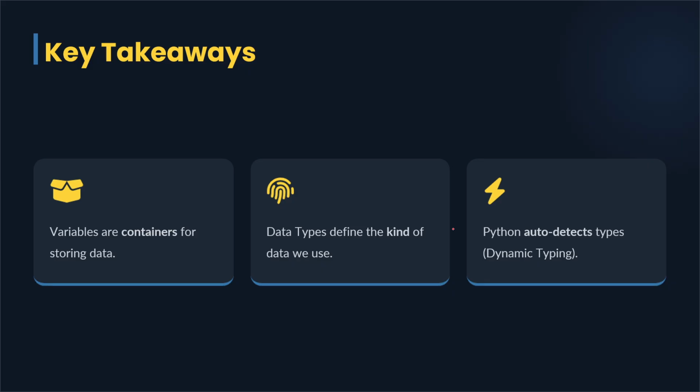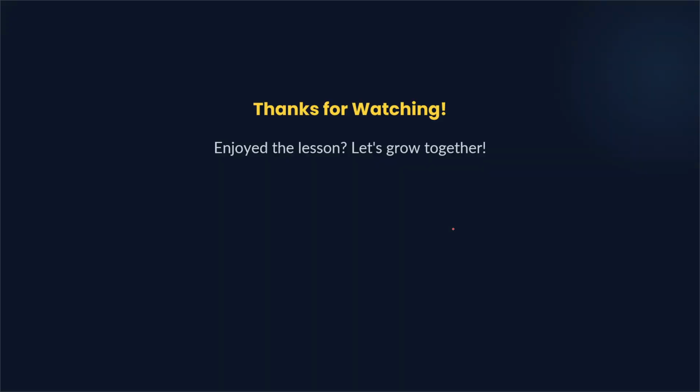Python can auto detect the type of data we store in a variable, which is nothing but dynamic typing. This one we have also discussed in our video. With this, I believe you understand what data types and variables are in Python.